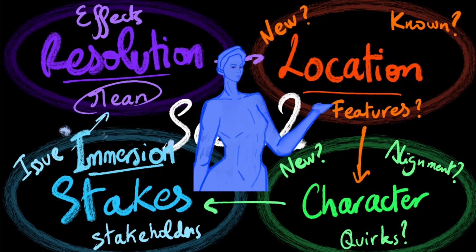But for problems, well, to make your scene more immersive through the stakes, you combine these two elements. You integrate your issue into the location, so your new problem is integral to the location. It is organically linked to it, and it is the problem of this new character you've met.